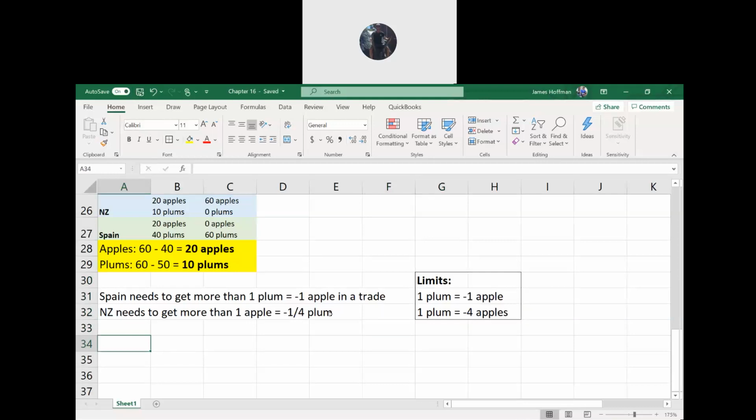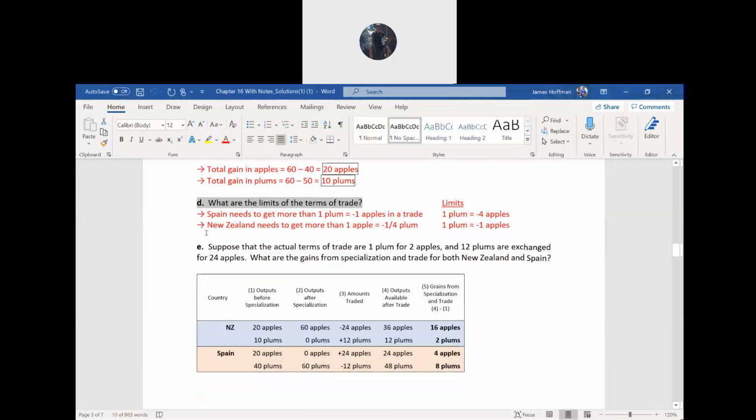Okay. Part E. All right. So let's suppose the actual terms of trade are one plum for two apples, which again you can see you have to confirm that those are within the boundaries, which they are. So both countries are going to benefit, and so that's the exchange rate.